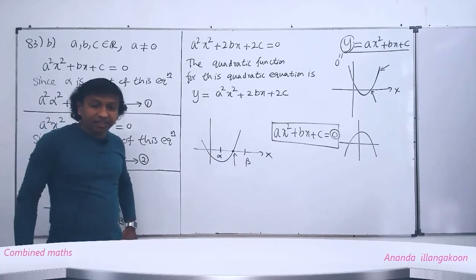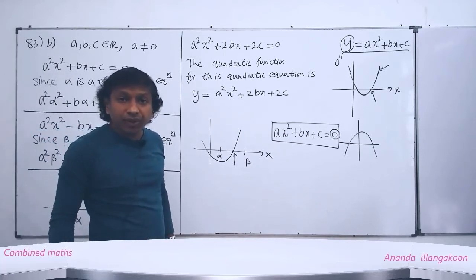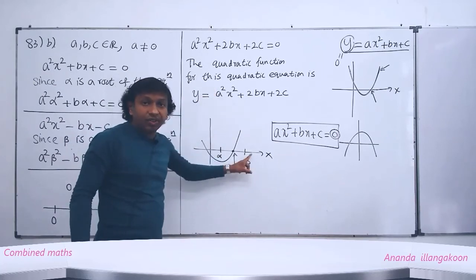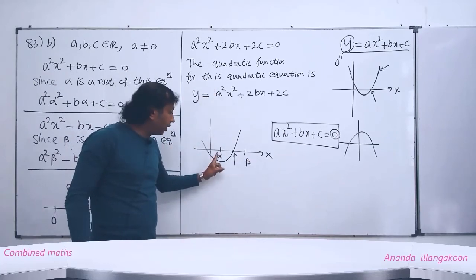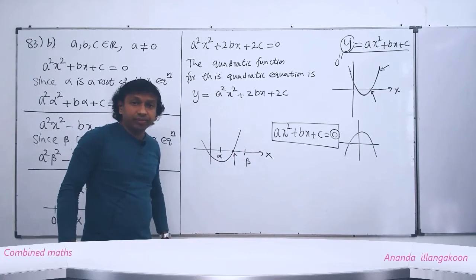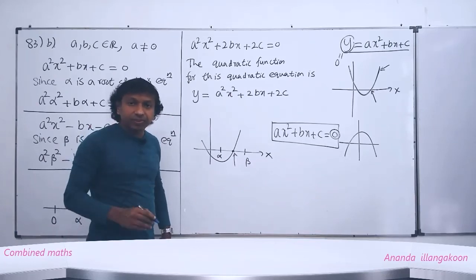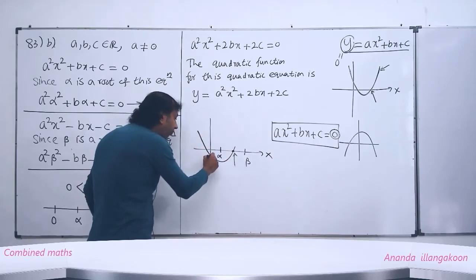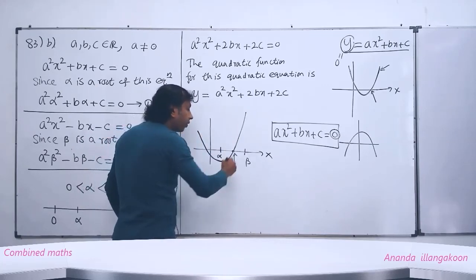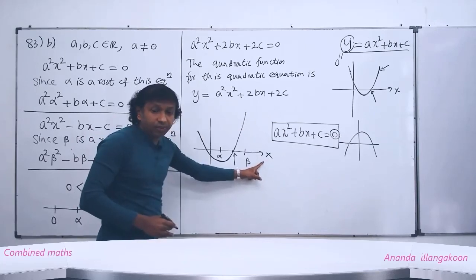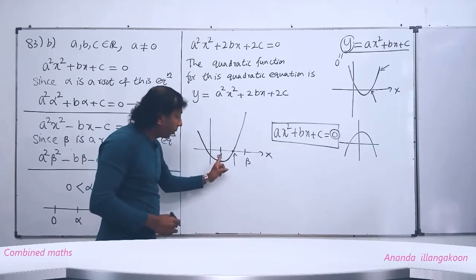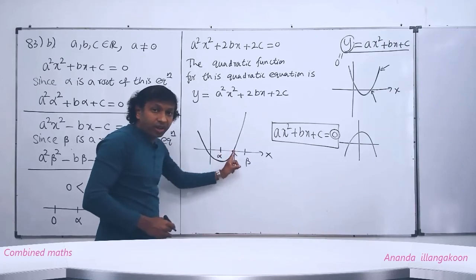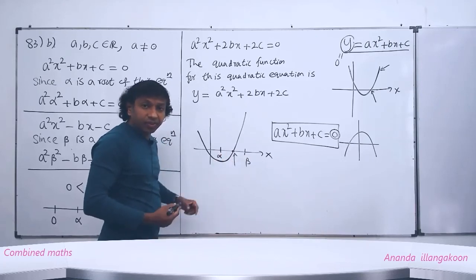People, then, can somebody suggest me the method of showing the graph this cuts the x-axis between alpha and beta? Yes? Do you have any idea? People, this is the method. You can very clearly see when the minimum graph cuts this x-axis at a point between alpha and beta, people, right?